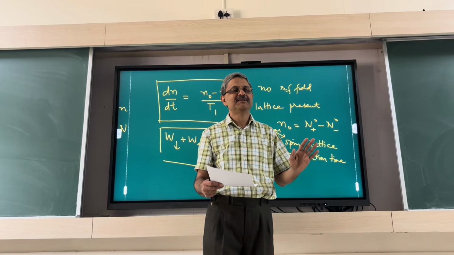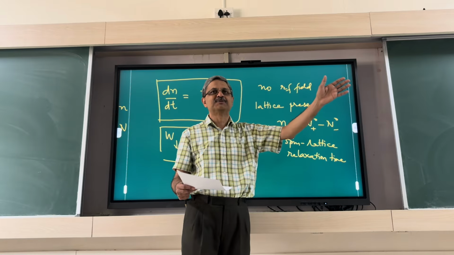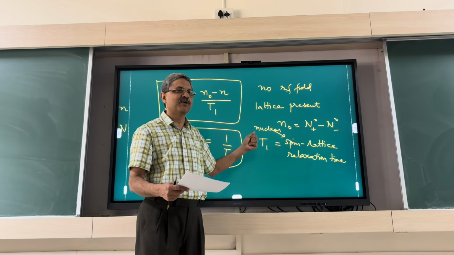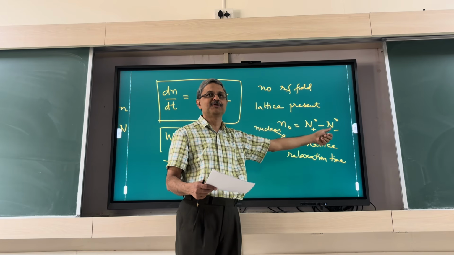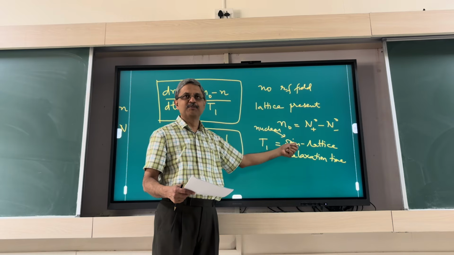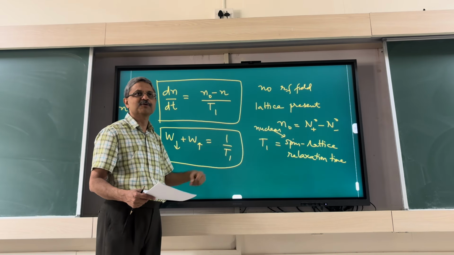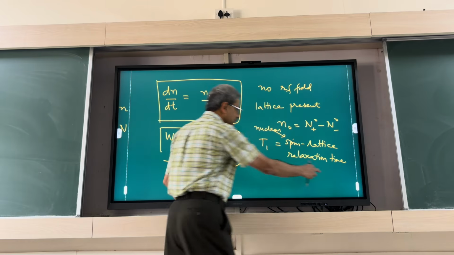You have some energy exchange between the nuclear spins and the electron spins. So you have an indirect way of probing the electron spin fluctuations via monitoring the nuclear population, which that equation follows.